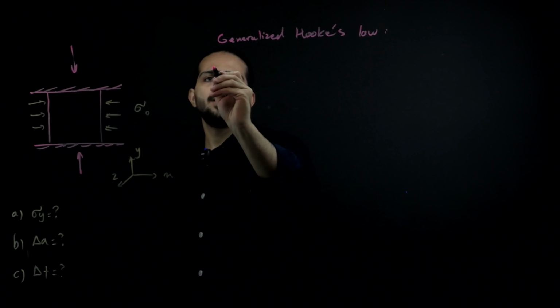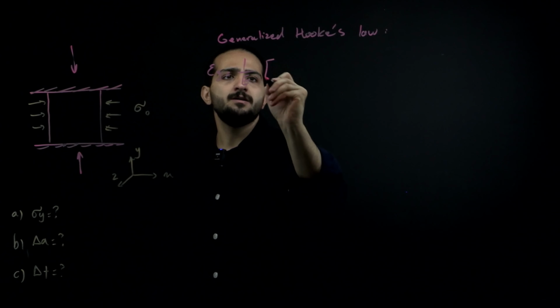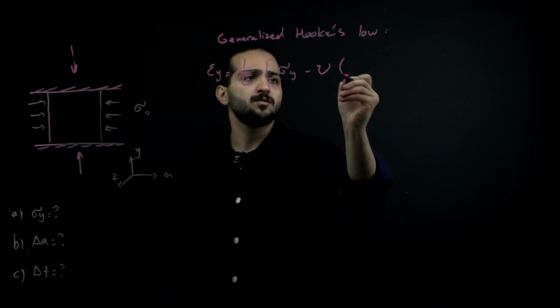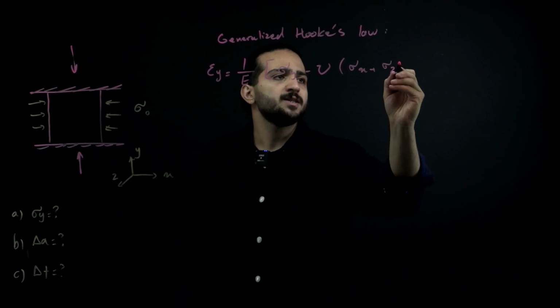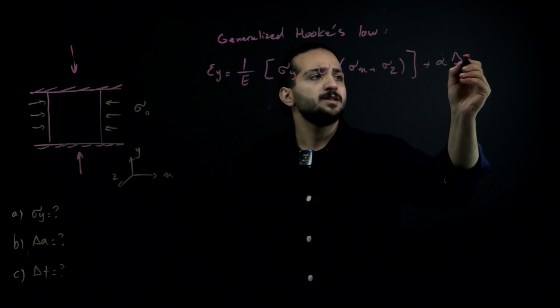From the generalized Hooke's law equations, we know epsilon y is equal to 1 over E sigma y minus Poisson sigma x plus sigma z plus alpha delta t.